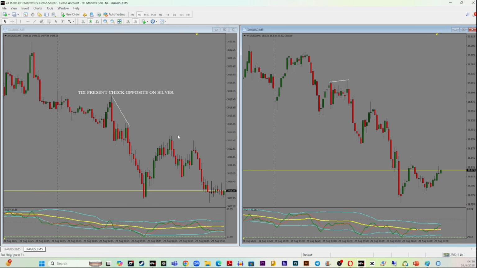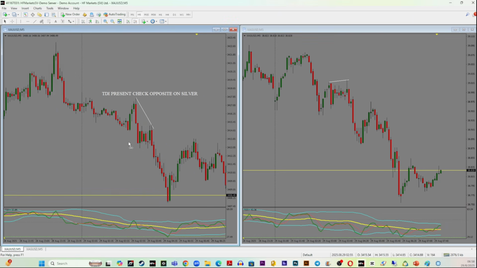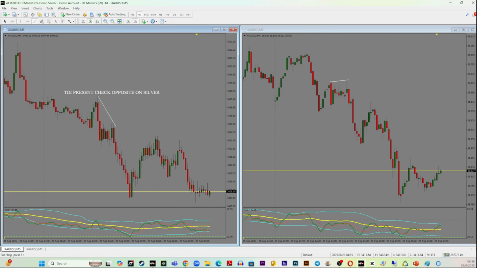Lower high, and then here they made a higher high, meaning there is divergence. And after this divergence, the TDI signal line, which is in red, and the RSI line, which is in green, will give you a point of entry. So your scalp entry was going to be at this particular point.